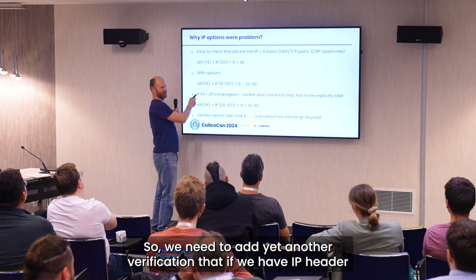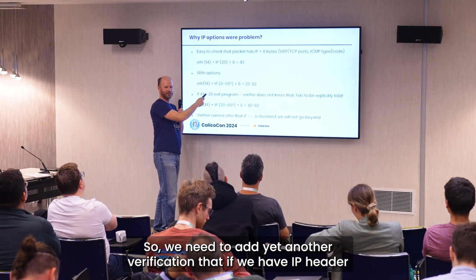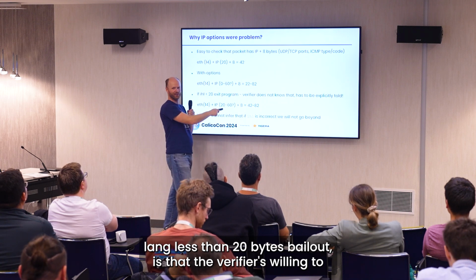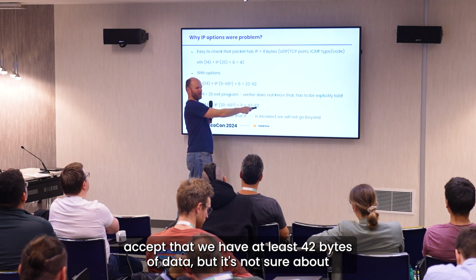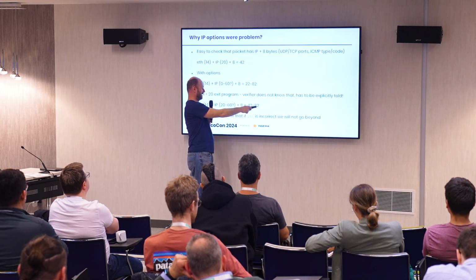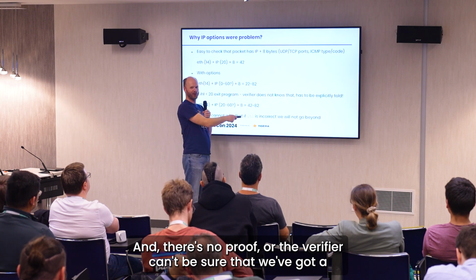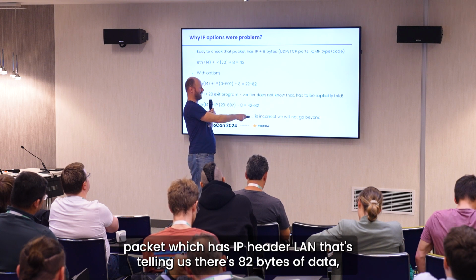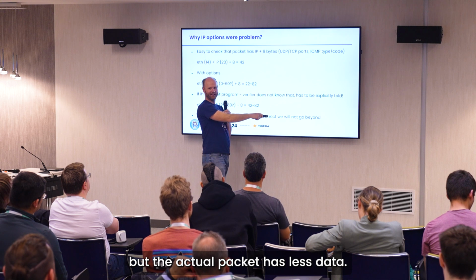So we need to add yet another verification: if the IP header length is less than 20 bytes, bail out. With that, the verifier is willing to accept that we have at least 42 bytes of data, but it's not sure whether we have 82 bytes of data. There's no proof that we got a packet where the IP header length tells us there are 82 bytes of data, but the actual packet has less data, right?